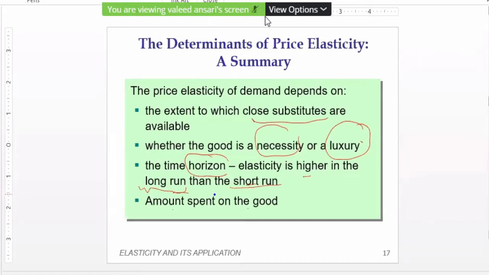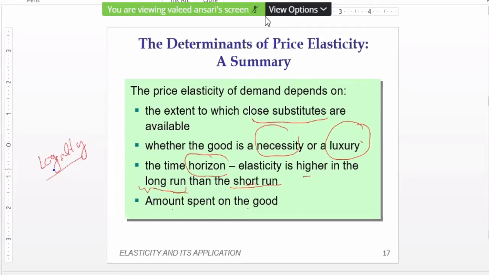For instance, in marketing, you may study the concept of brand loyalty. Marketers try to develop loyalty so that even if prices increase, people may continue to buy. So if loyalty is there, then even if prices increase, people may continue, and marketers try to do that.